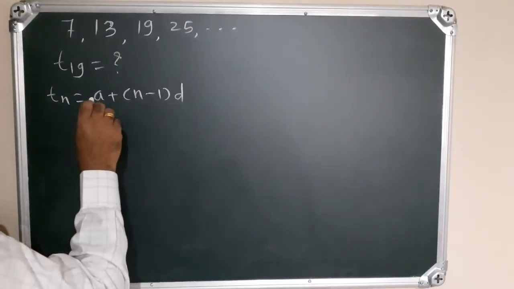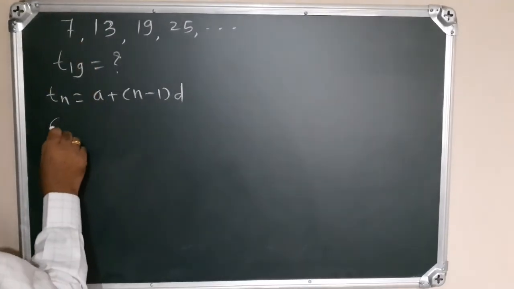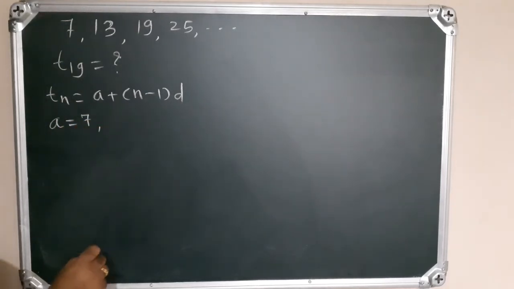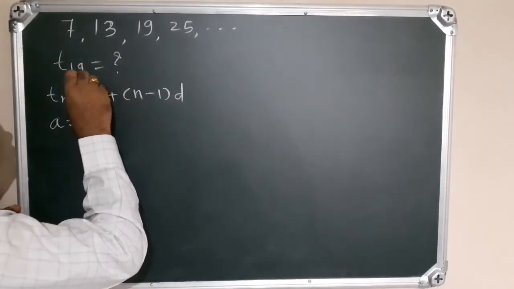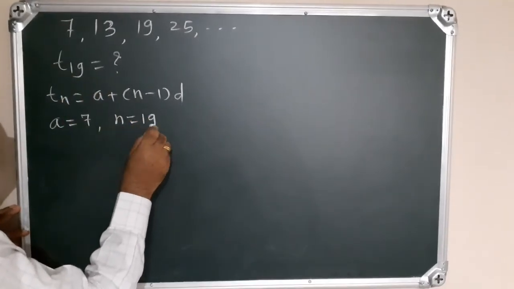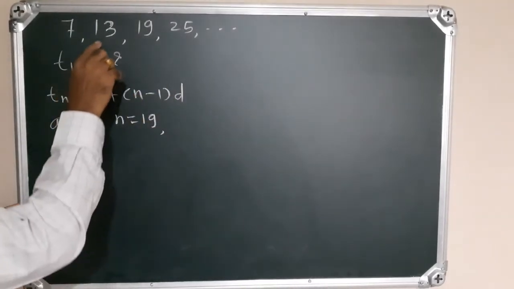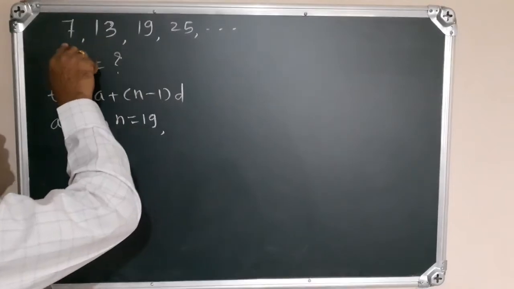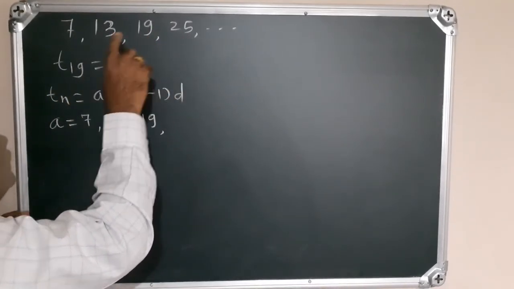So here A means first term, so the first term is 7, so A is 7. Then which term do we have to calculate? The 19th term, that's why n is equal to 19. And what is the value of D? That is the common difference. Common difference means T2 minus T1 or T3 minus T2 or T4 minus T3.